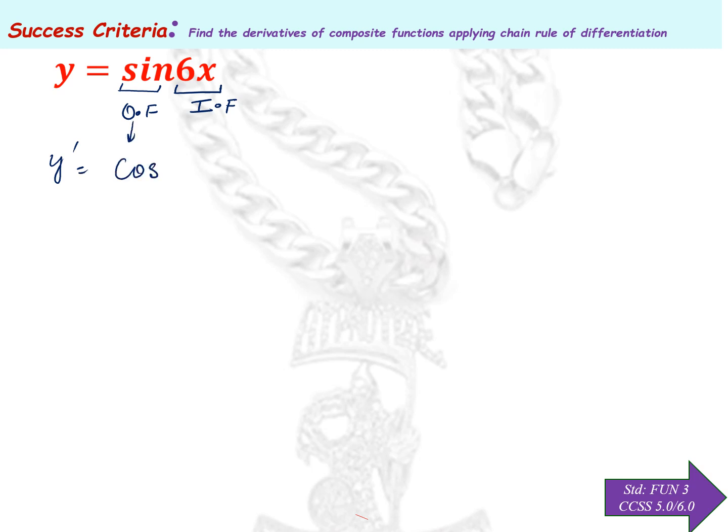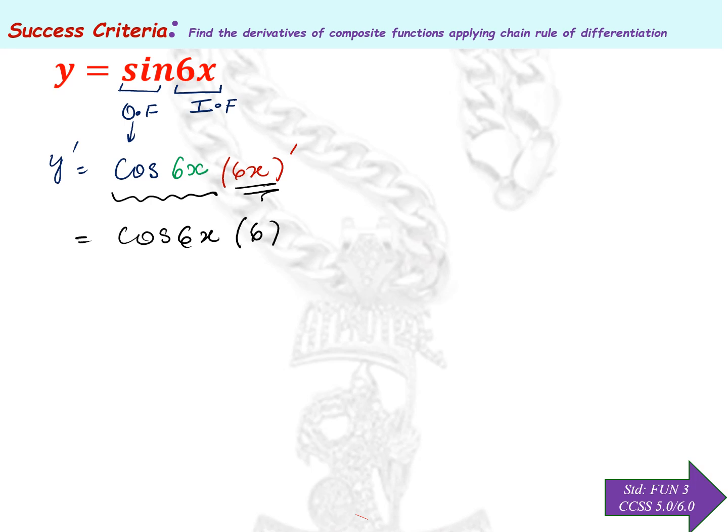But we cannot write the cosine as it is, for which we have to write the angle, that means write the inner function as it is. Now take the derivative of the inner function. So write down the 6x with prime. Wherever we don't have any prime, we write it as it is. And we know that the derivative of 6x is 6.